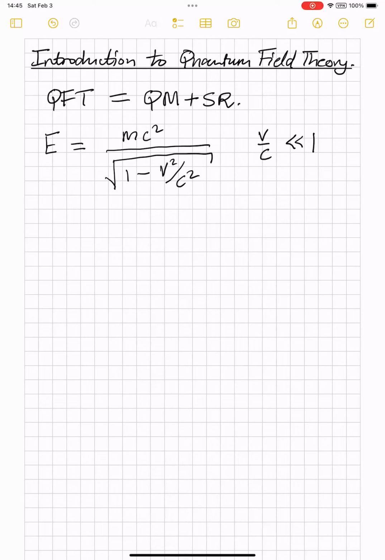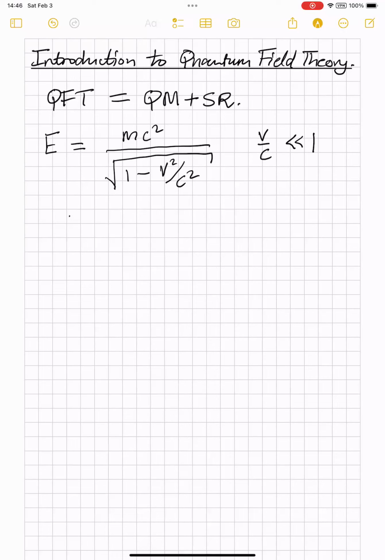In that case, v over c squared is very, very much less than 1. And the number that you see sitting in the square root is a very small number. And that means we can Taylor expand in that small number. So this is the kind of calculation that I expect that you can routinely do. So let me write down the answer. And I want you to make sure that you could actually do this calculation.